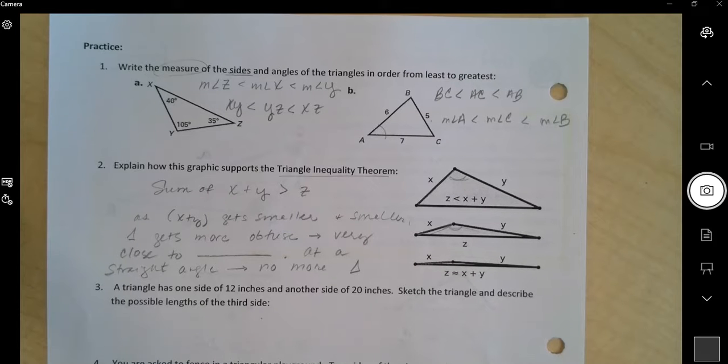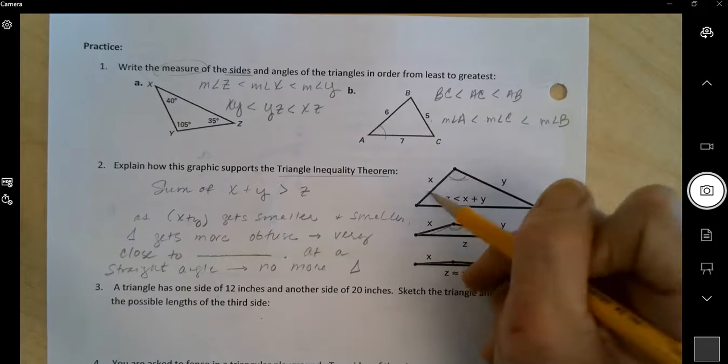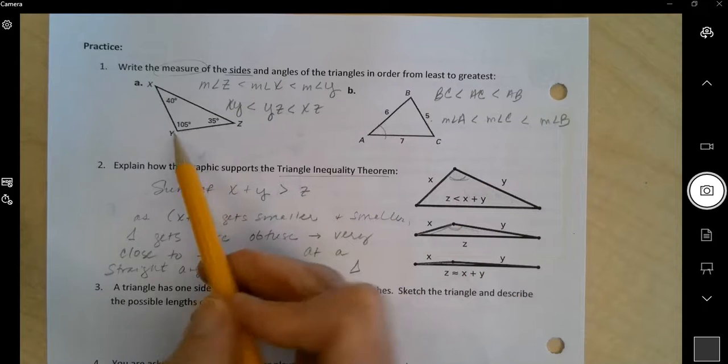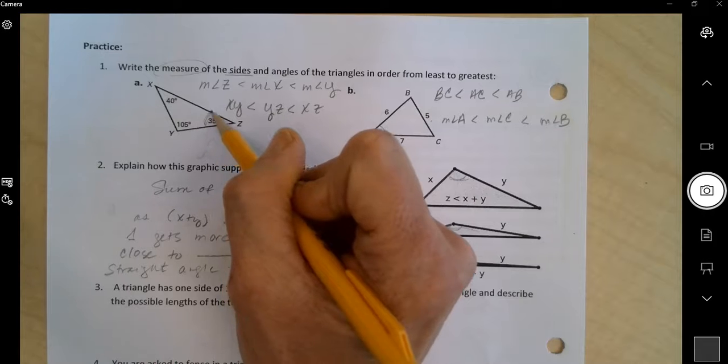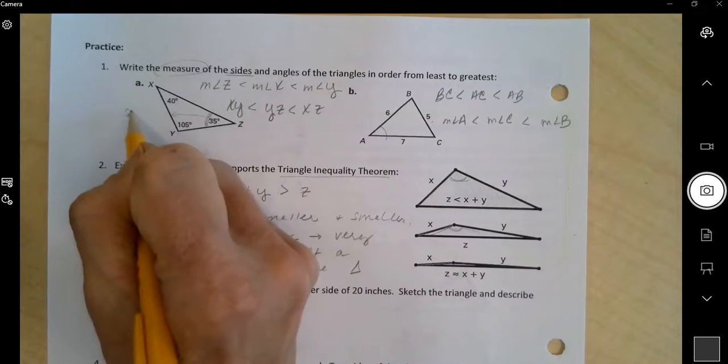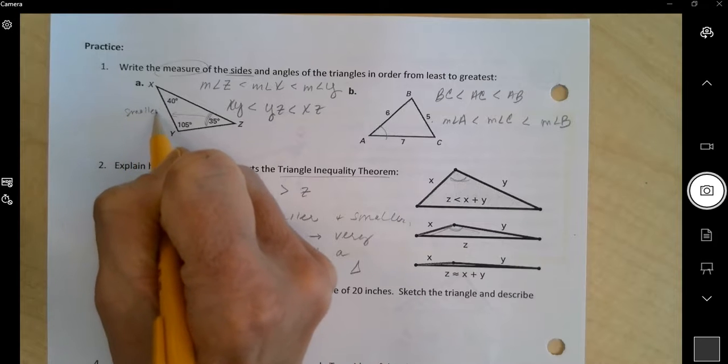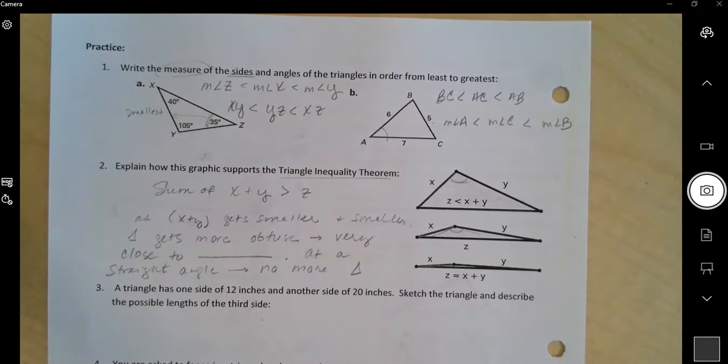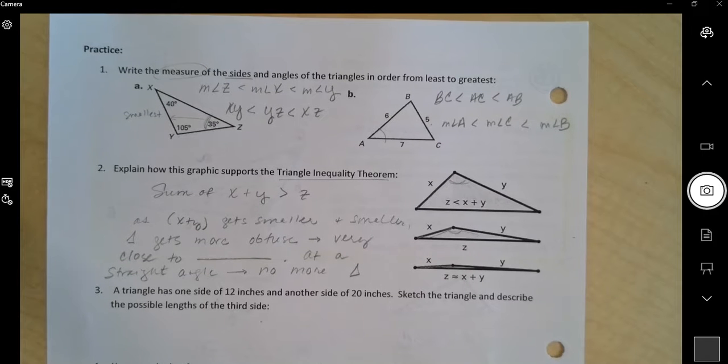Okay, so for the A, for the XYZ triangle, how do you figure out the lines again? So I know that for the XYZ triangle, this is my smallest angle. So that side opposite is going to be my smallest distance between those points. Go ahead, Olivia. I wrote it, YX, YZ, XZ.